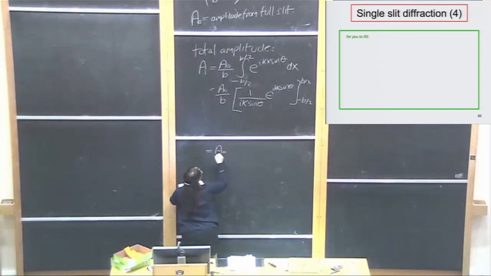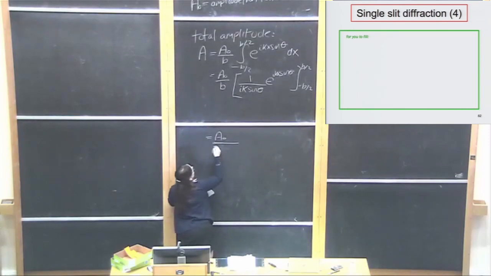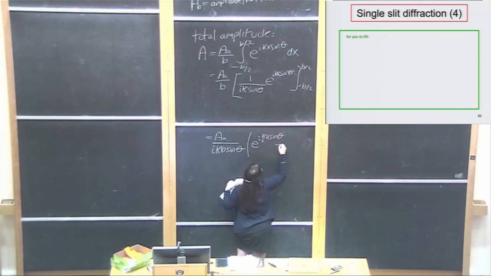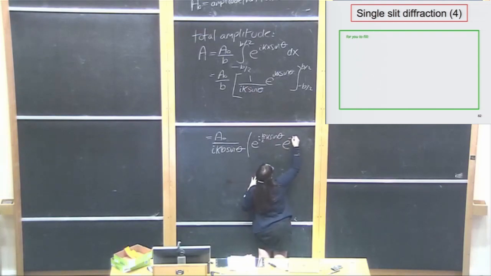That's A naught over b, actually, let me write it as over i k b sine theta, e to the i b over 2 k sine theta minus e to the minus all that stuff.